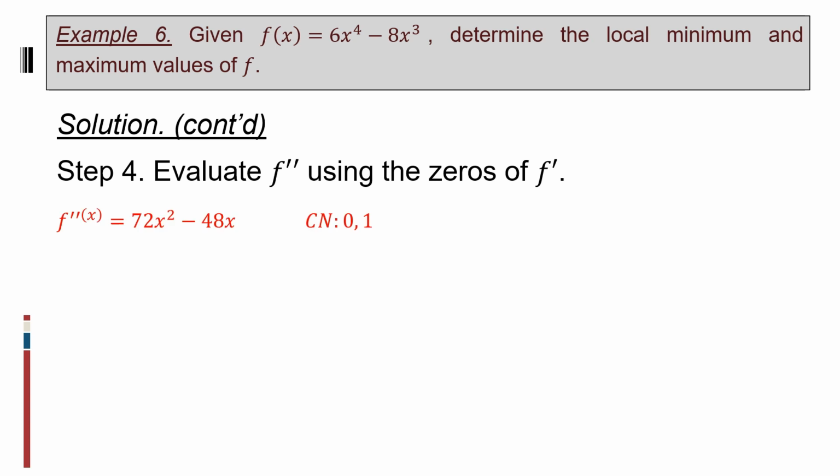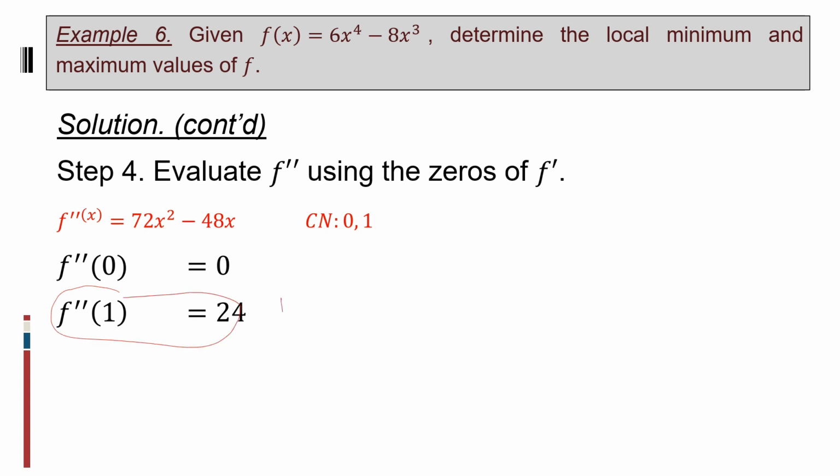Our second derivative is 72x squared minus 48x, and our zeros are 0 and 1. F double prime of 0 is equal to 0, and f double prime of 1 is equal to 24. Thus, there is a local minimum at x equals 1.